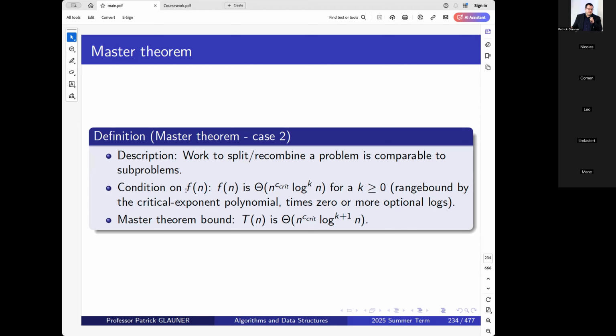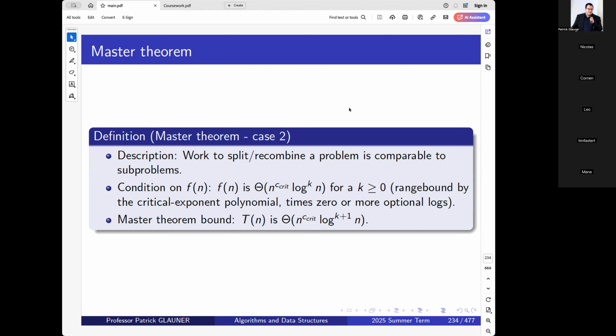And the case 2 also says the condition of f of n is f of n is theta of n to the power of C critical times the log n raised to the power of k. So this one you need to read out as you calculate the logarithm of n, and that result is raised to the power of k. But this only works where k is greater than or equal to 0.